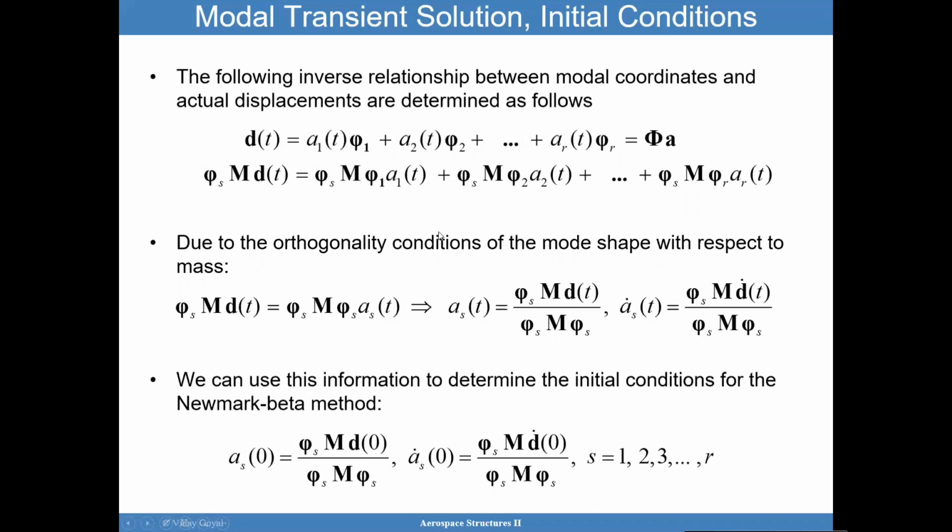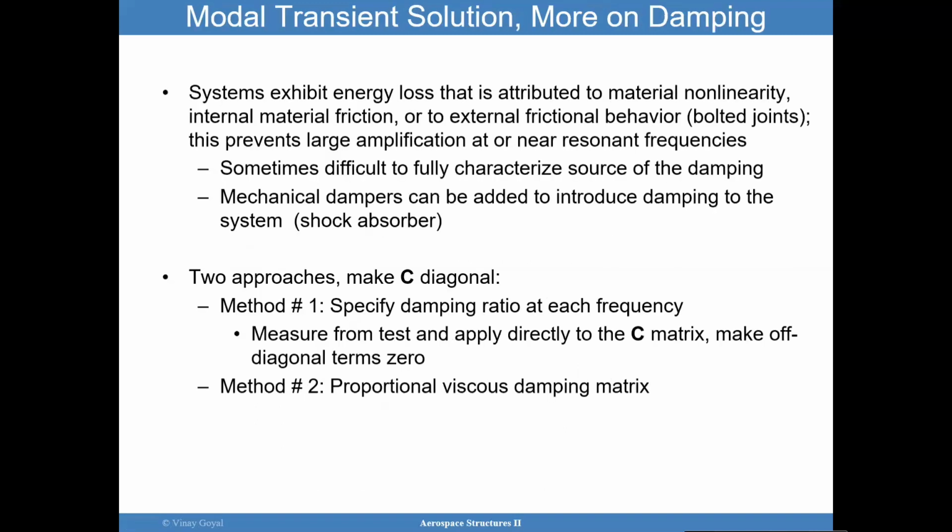And then you can now solve for A, the amplitude A corresponding to that particular mode shape, and you get this expression. You can also calculate the velocity term, and then you get that. So we can use this information to determine the initial conditions for the Newmark beta method, which is necessary to basically advance the solution. So I hope that's very clear on that particular process.